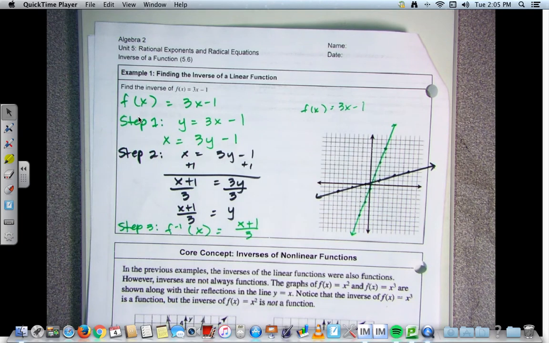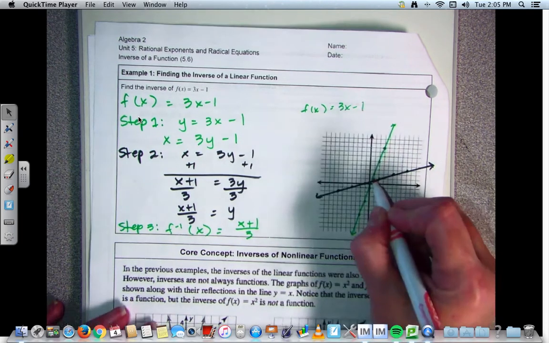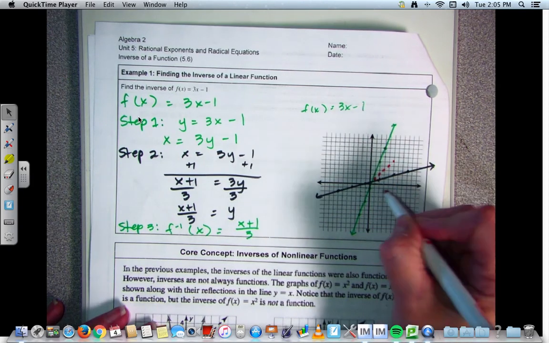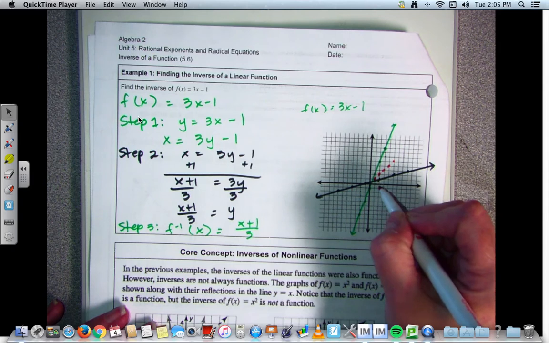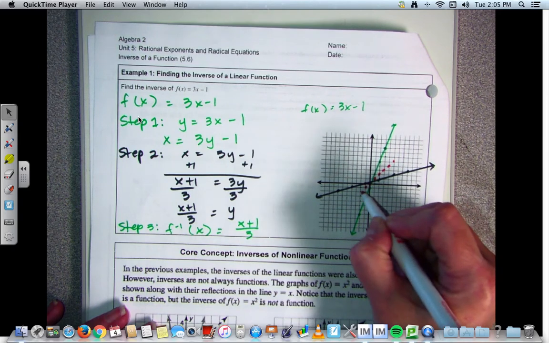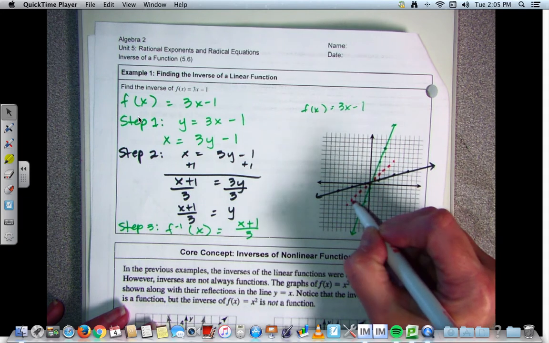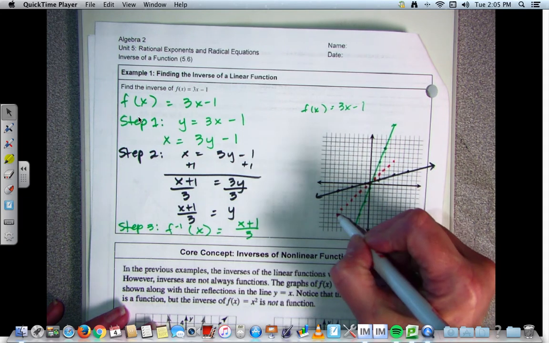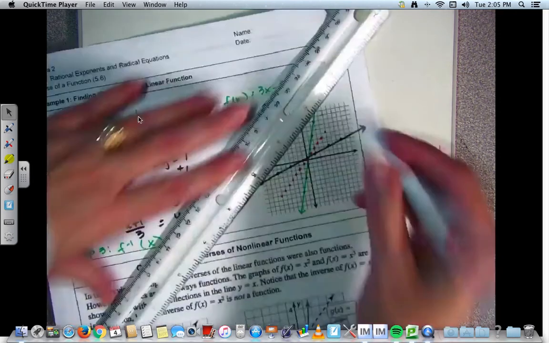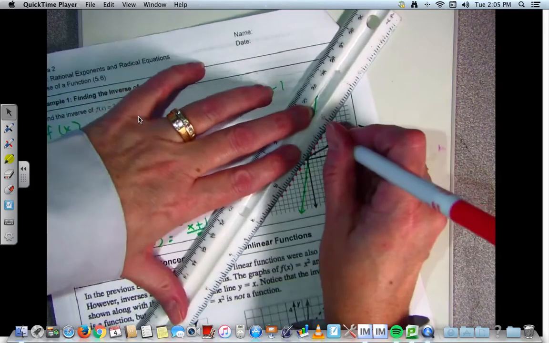So I'll put in another color here. What we should see is the same distance on either side. If it's a true reflection, we should have the same distance on either side of this.